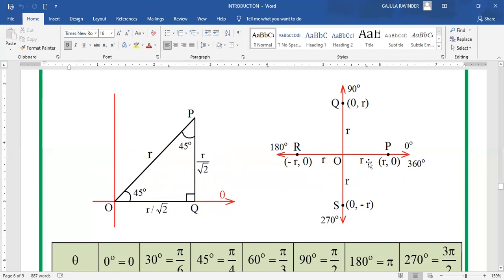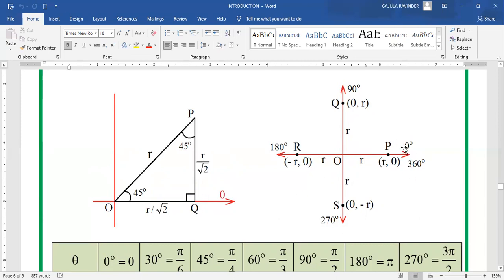That means if you want to define the ratios of 0 degrees, you have to consider one point at the distance r on the terminal ray of 0. Similarly, on the terminal ray of 90 degrees, consider one point at the distance r from the origin. So like that, points on these axes at the distance r can be taken like this. On positive x-axis, that point is r comma 0.